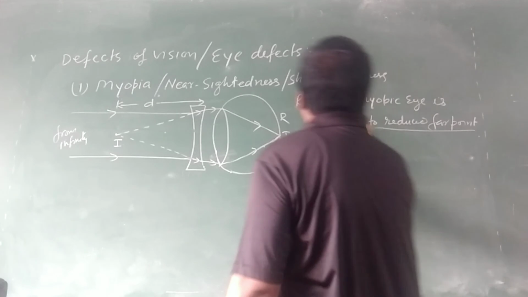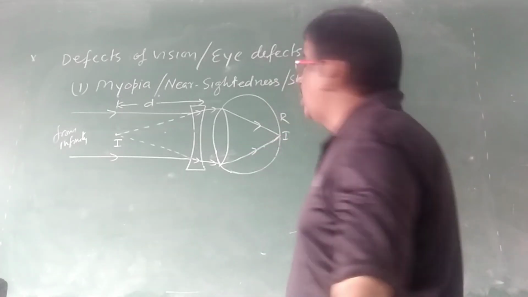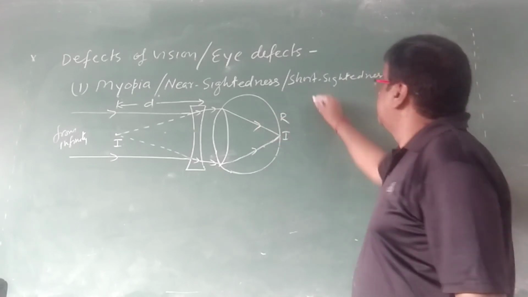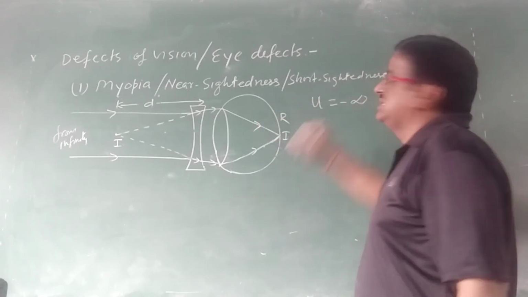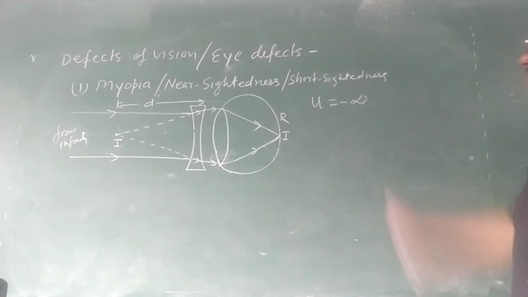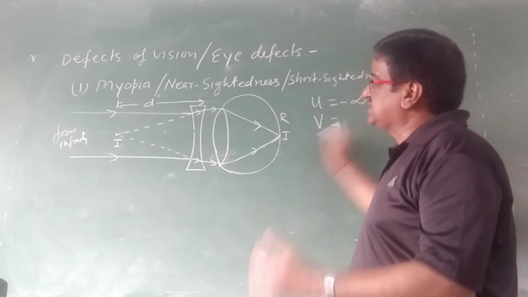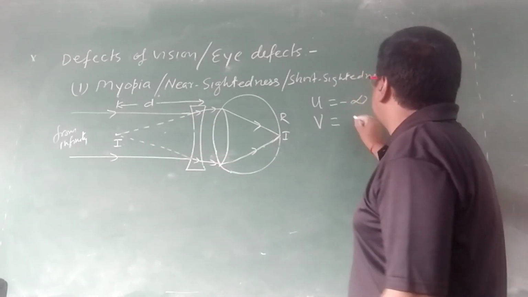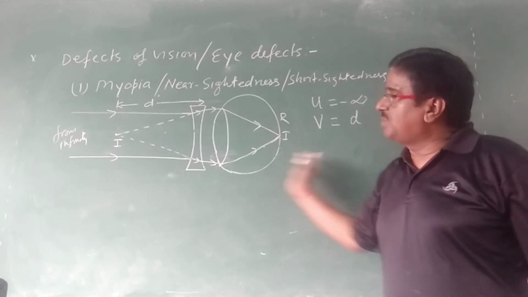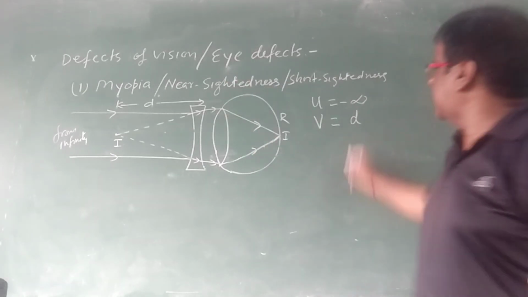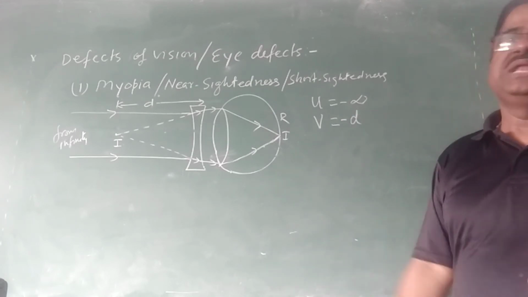Let us calculate that. Now what is happening here? The object is at infinity, and the object distance is always taken as minus. Where the image is formed, the image distance from this lens is d. The object and image are on the same side, so it is taken as negative.